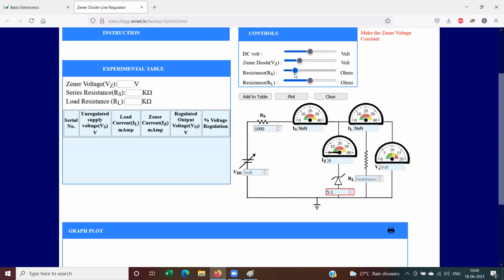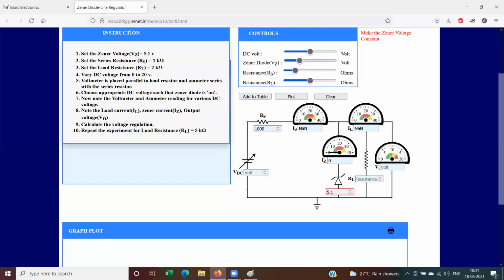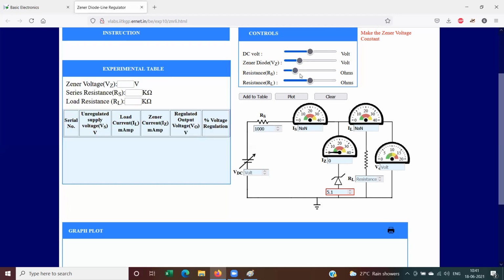Let us set it to 1K. Done. Third step: set the load resistance to 2 kilo ohms. Okay, let's do that as well.